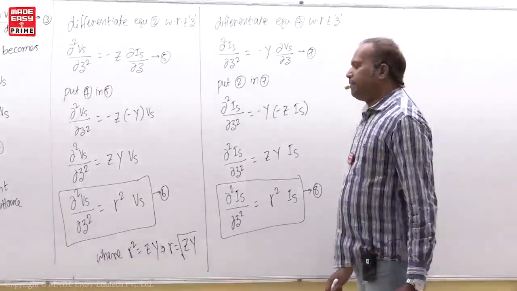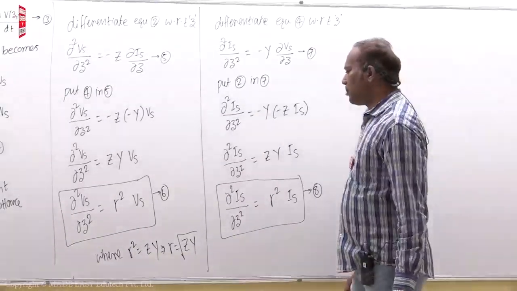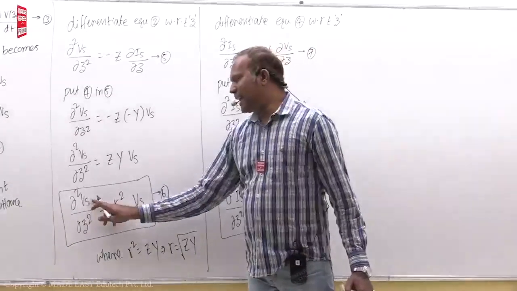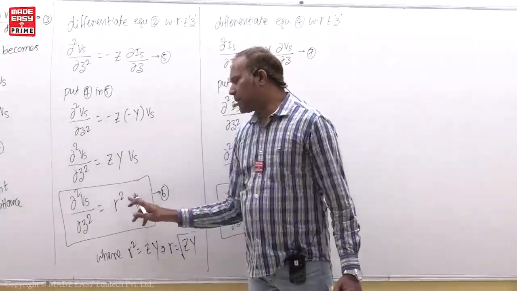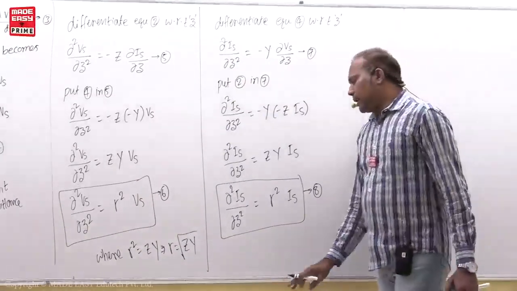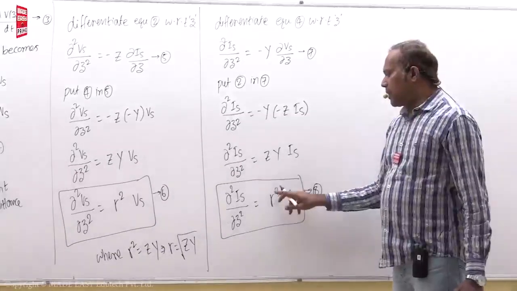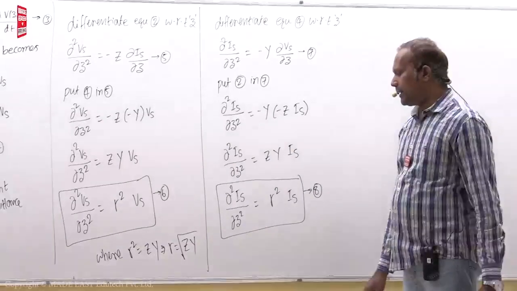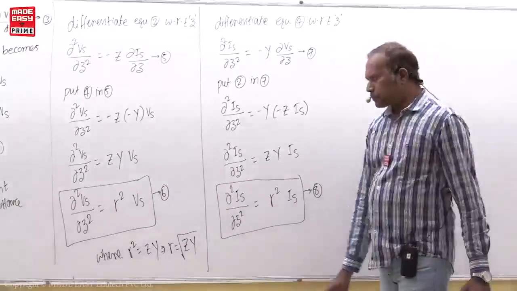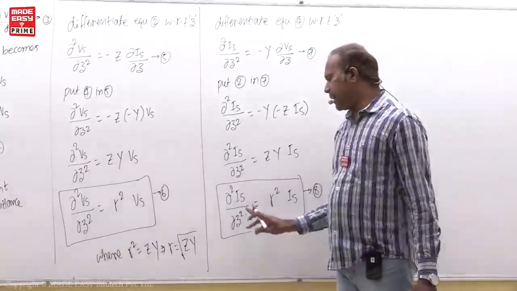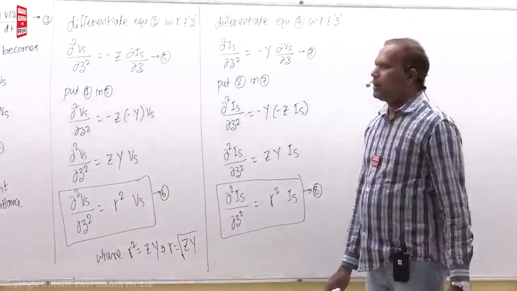In the uniform plane waves also you got dou square Ex by dou z square equal to gamma square Ex, if you recall. So here also the same thing. Once again here also gamma square is equal to zy and gamma is equal to root zy. This is the voltage equation in phasor form. This is the current equation in phasor form.